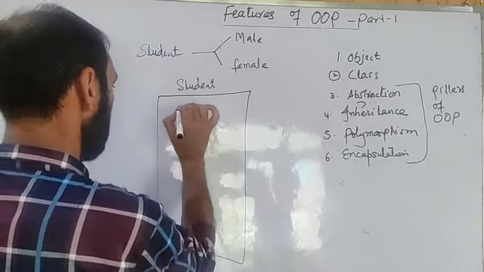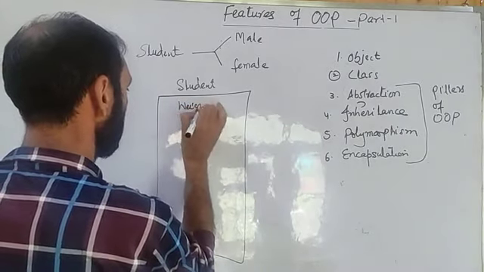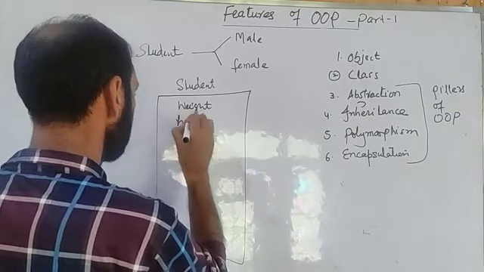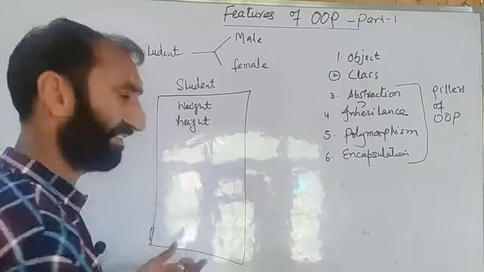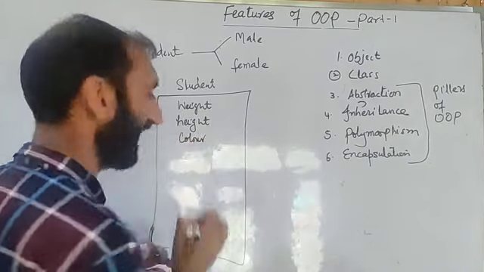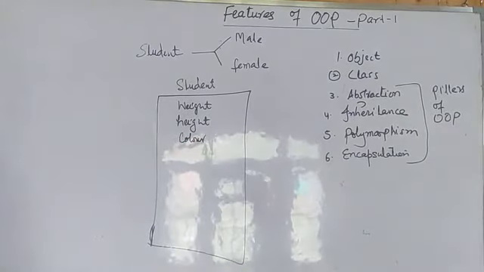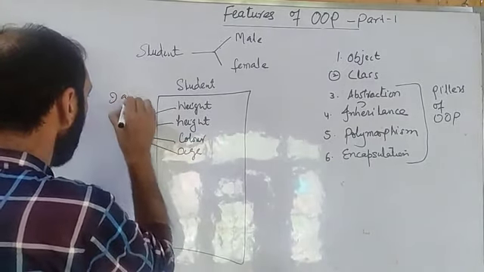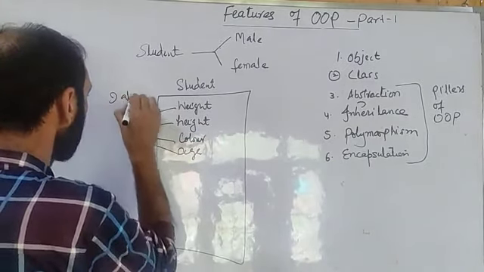For example, weight is a characteristic of the student, height is a characteristic of the student, color is a characteristic of the student, and age. These are the characteristics of the student, called the attributes, or data.